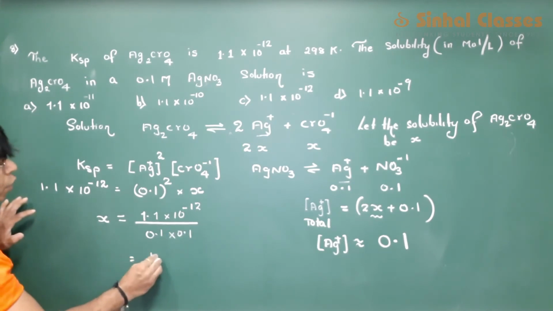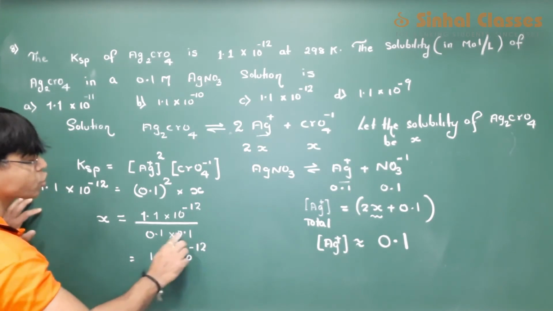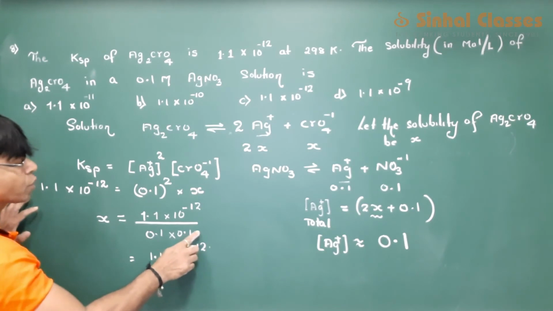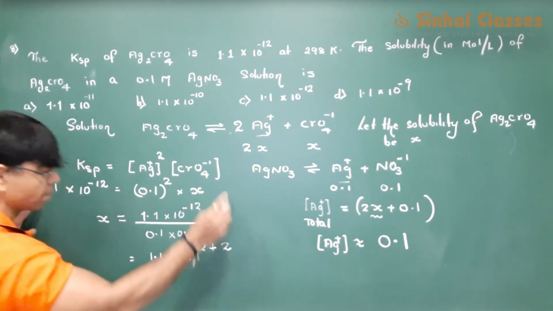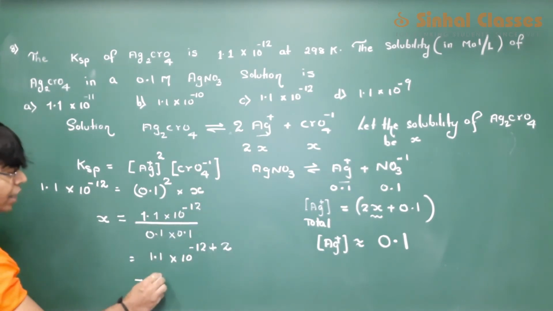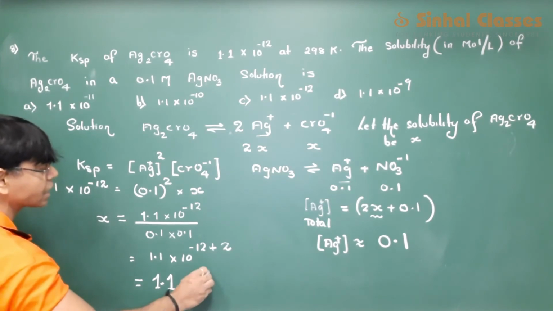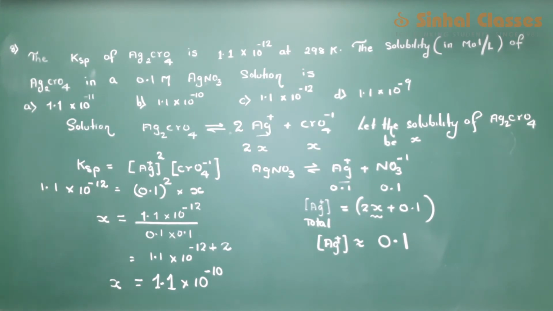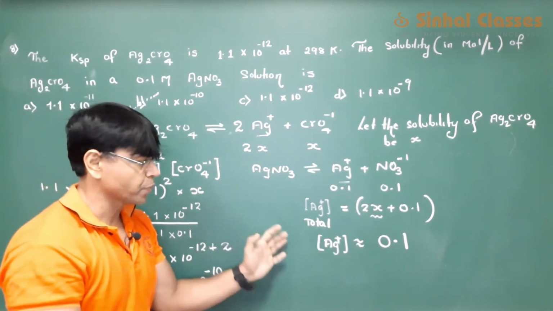So this will be 1.1 into 10 raised to minus 12, and the 10 raised to minus 2 will go on the top and become plus 2. So your final answer will be 1.1 into 10 raised to minus 10. So option B is correct for this question.